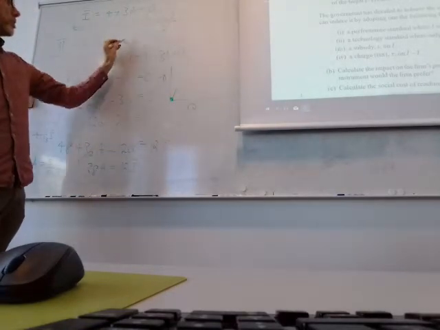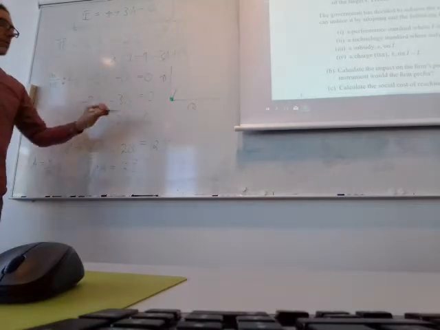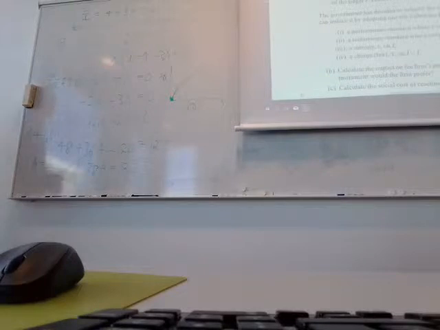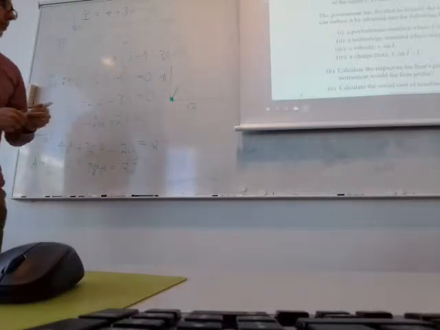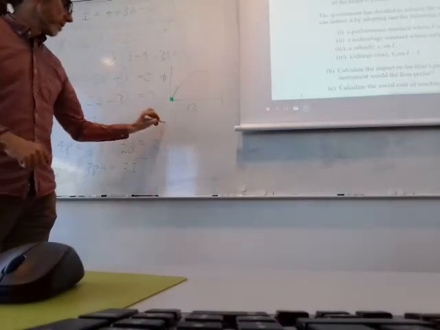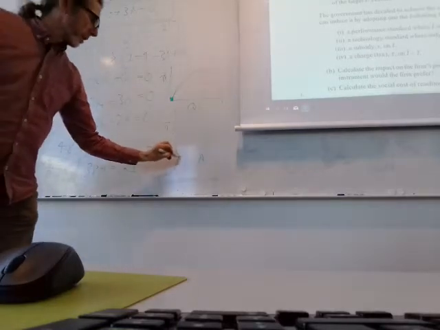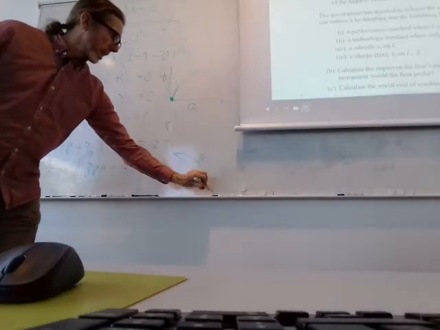But then as q gets bigger, this one takes over. So it's going to have this shape, isn't it? And if we plotted profits against a, for q is naught, it's actually like that, isn't it?